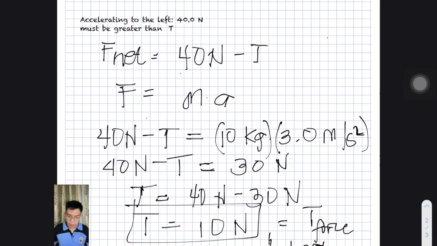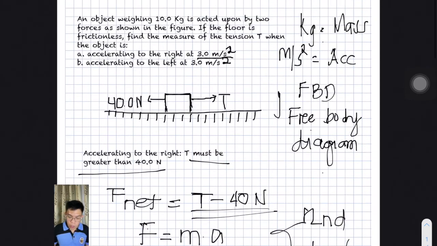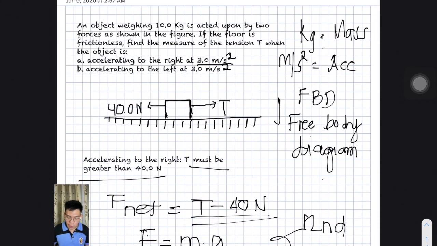So again, to have a short recap of what we are dealing with at this time, we solved the problem involving the application of the second law of motion. The problem deals with two things. First is whether the object is accelerating to the right, or letter B, the object is accelerating to the left, with the same acceleration value, which is 3.0 meters per second squared. What will be the tension force?